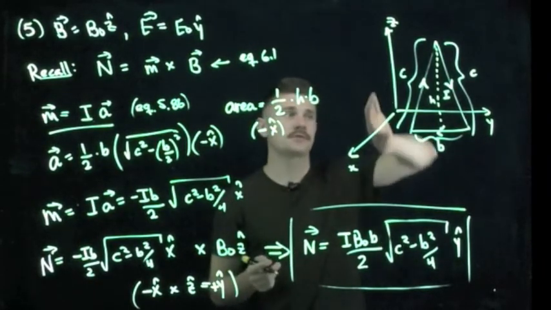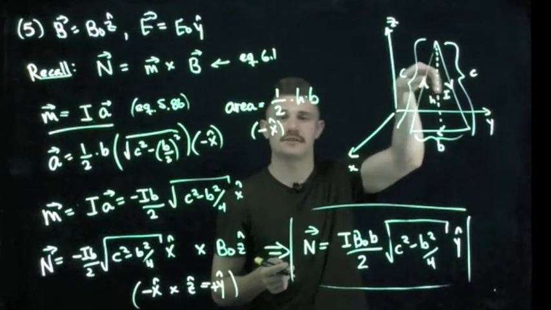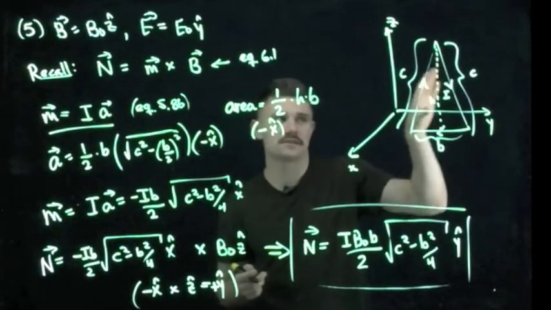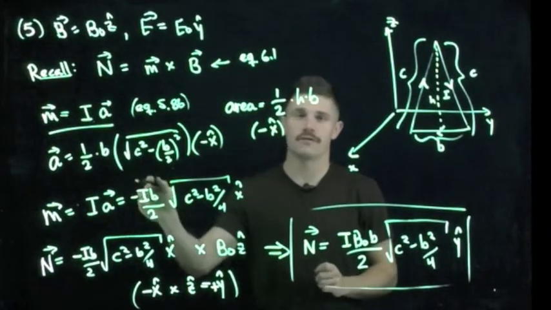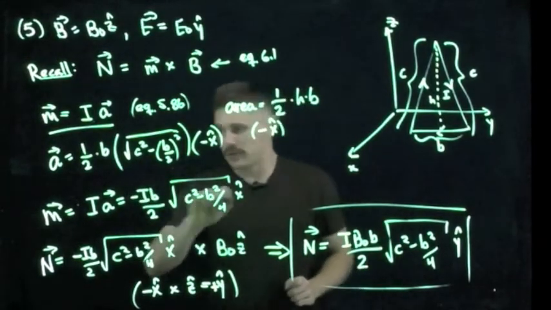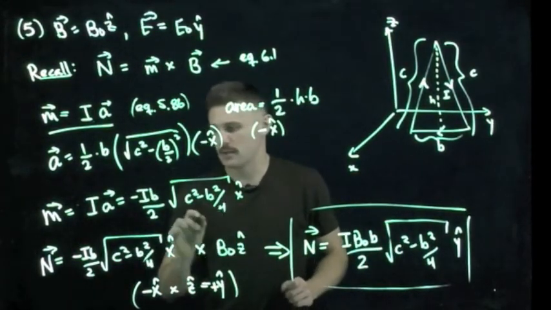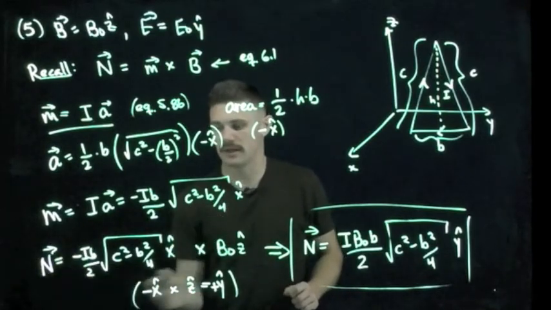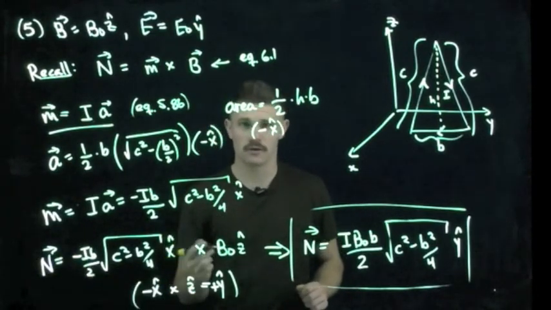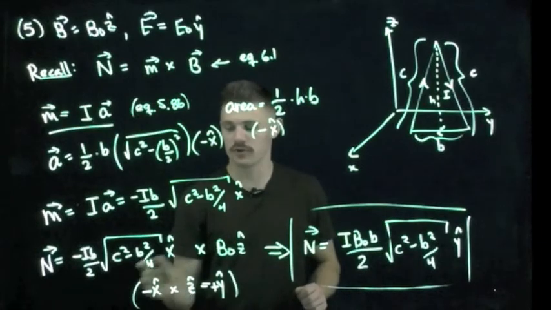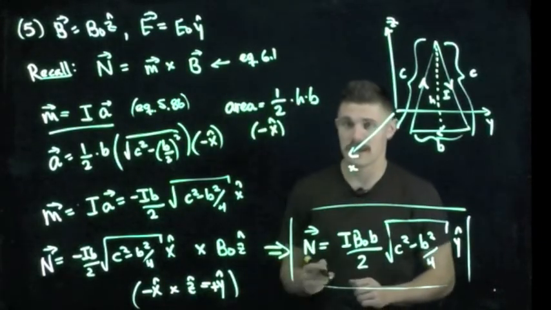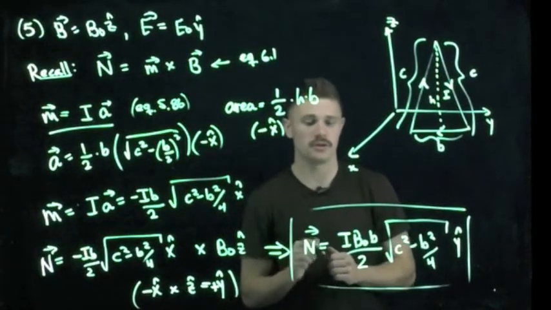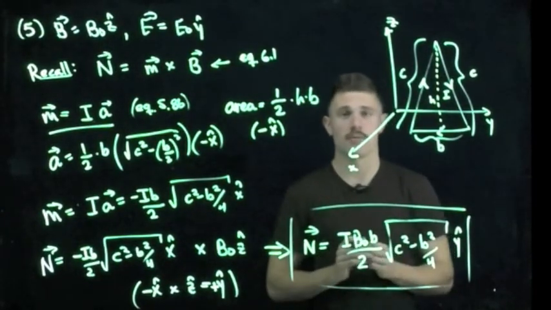The vector again comes from the fact that we curl around with our fingers in the direction of I, and our right hand rule gives us the thumb pointing in the negative x hat direction. This is the direction vector of our area. We can find our magnetic dipole moment from that, and then plugging into N to find our final torque, we end up with the cross product only depending on the unit vectors. Negative x hat crossed with z hat gives us a positive y hat direction, and we end up with the total torque on the system.